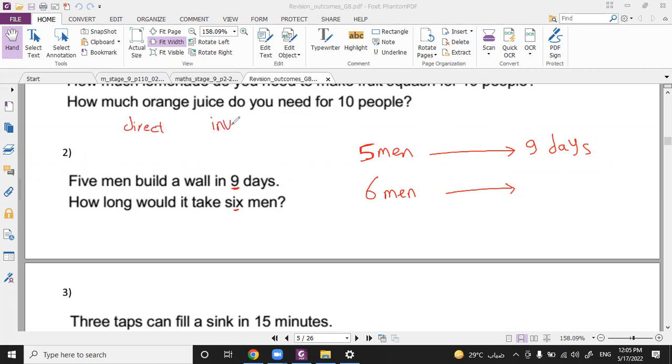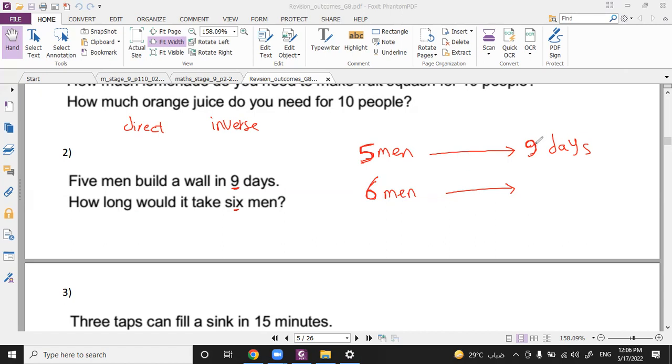In direct proportion, we do cross multiplying, okay? But in this case, 5 men will finish building the wall in 9 days. What about 6 men? Some students get confused and multiply 9 times 6 divided by 5. It's not right.